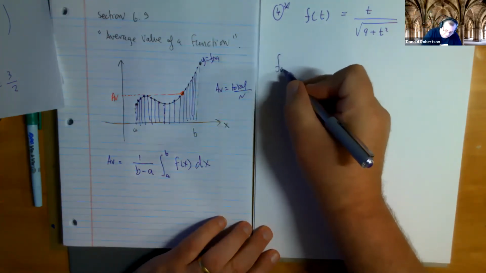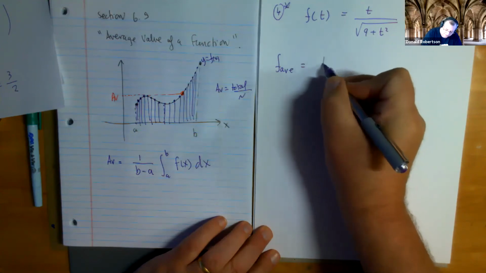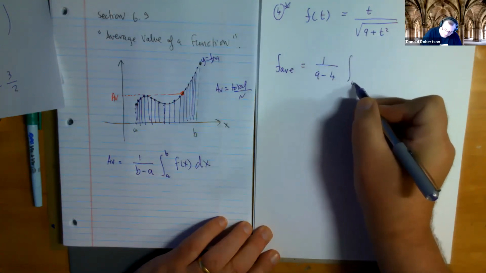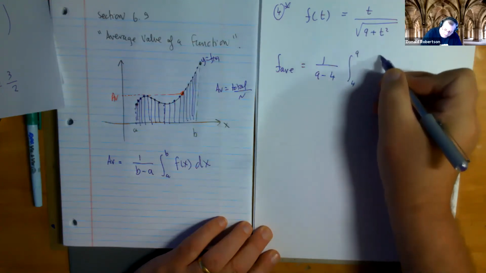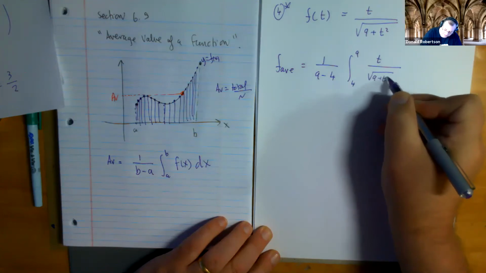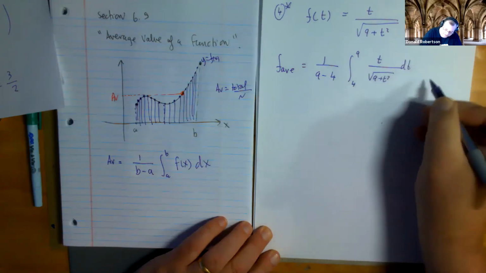So the average value of the function is 1 over b minus a, the integral from 4 to 9 of this guy, dt.